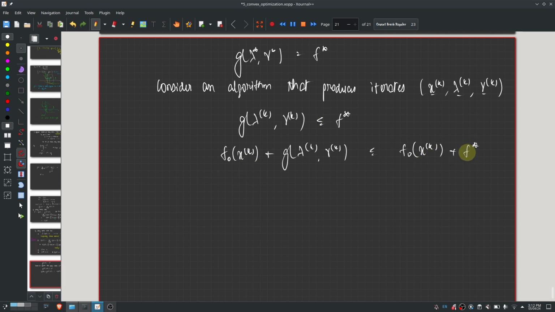Now let me bring f star to the left hand side and move g to the right hand side. What do I have? I have f0 of xk minus f star is less than or equal to f0 of xk minus g of lambda k, nu k.